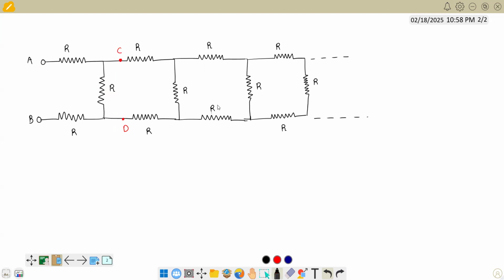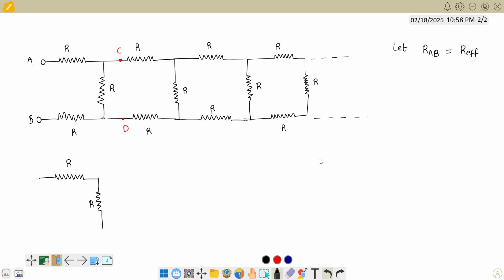What we will do is, I will redraw this diagram with only this section intact. So I can redraw this diagram as R, and this is R. Let the effective resistance across AB, since this is RAB, I will call it R effective.